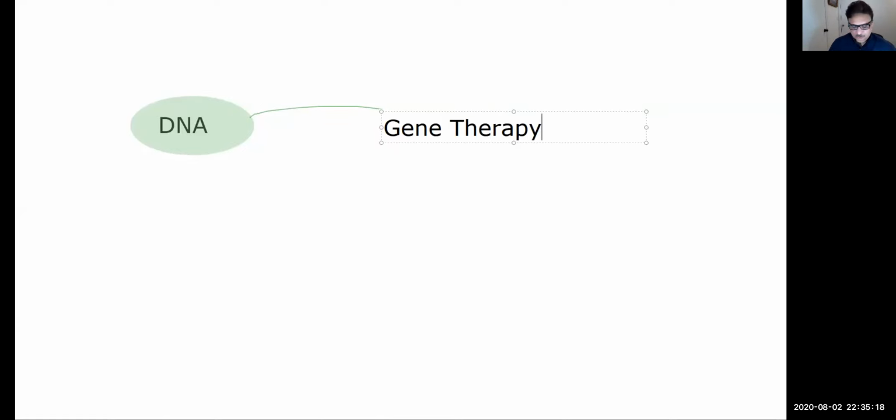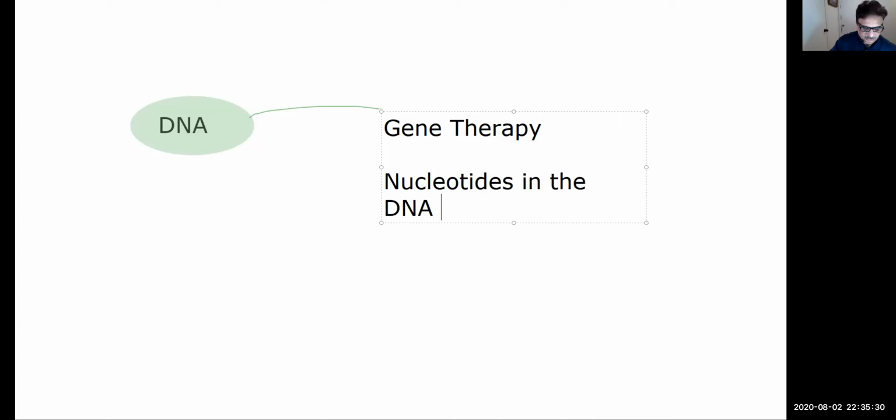Now, why? This could happen in some diseases where the nucleotides in the DNA are altered. When a nucleotide is altered, it could give rise to an abnormal protein.